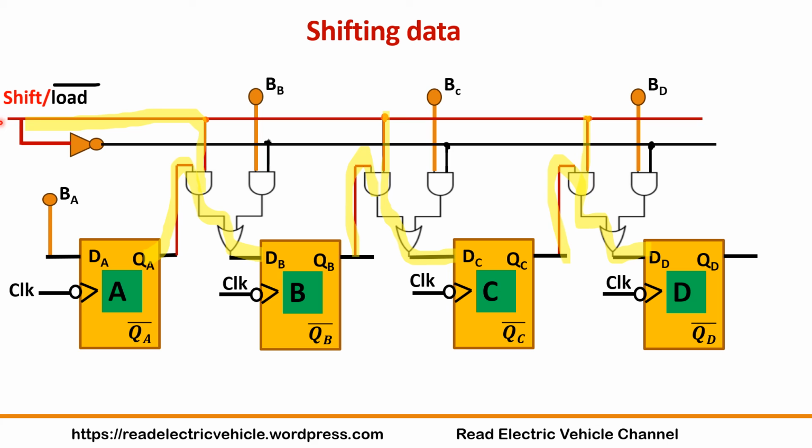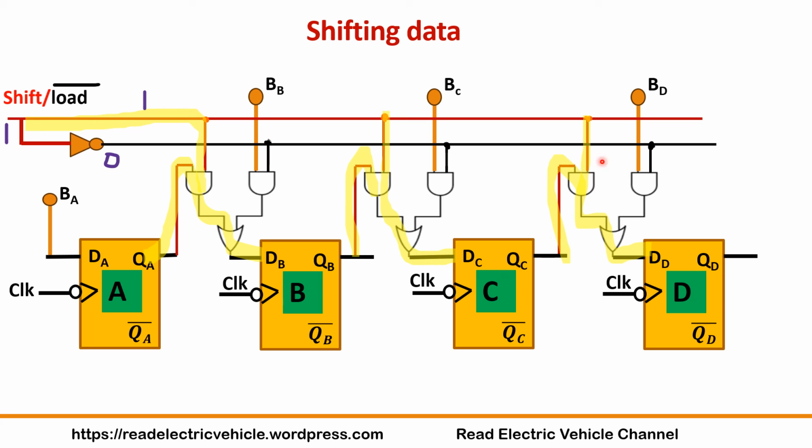For the shifting operation, I am giving a 1 here. So this upper brown line will become 1 and this lower line will become 0. You don't worry about the black line AND gate. If this is high, the data available here will be transferred to the next flip-flop, and so on.